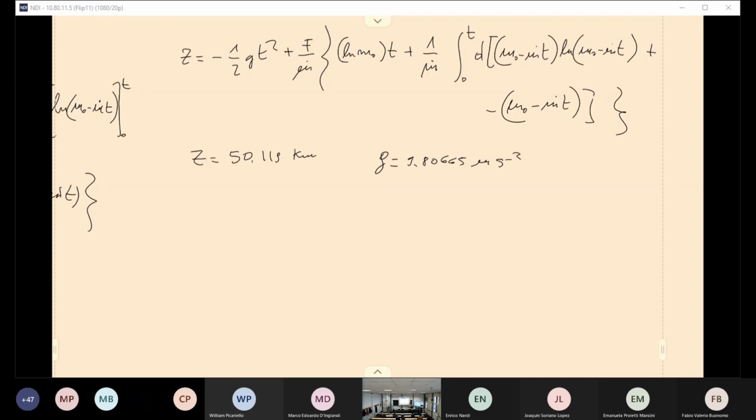I'm just going to the right to not waste too much time writing. But this is something that can be obtained analytically. Of course, you don't have the analytical solution if you remove the assumption of considering constant thrust.